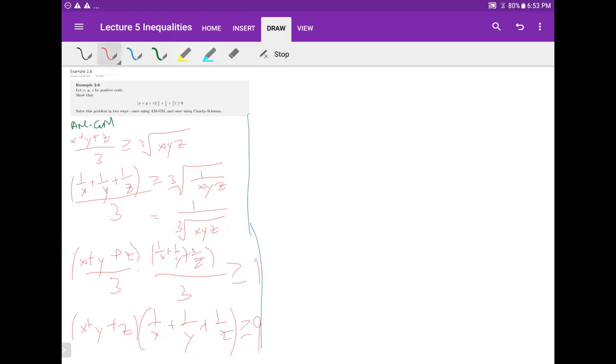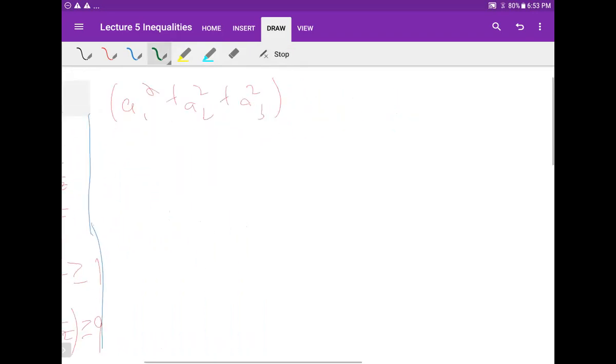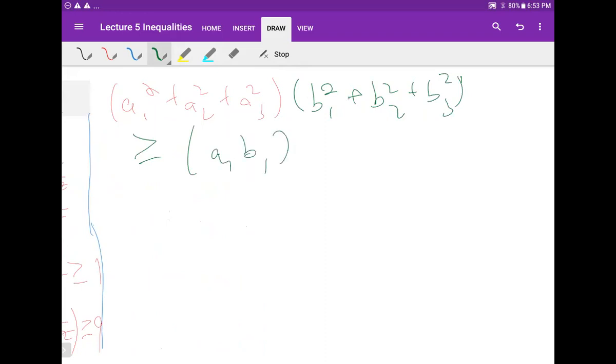The Cauchy-Schwarz inequality for 3 variables says that a sub 1 squared plus a sub 2 squared plus a sub 3 squared, times b sub 1 squared plus b sub 2 squared plus b sub 3 squared, is greater than or equal to a sub 1 b sub 1 plus a sub 2 b sub 2 plus a sub 3 b sub 3, squared.